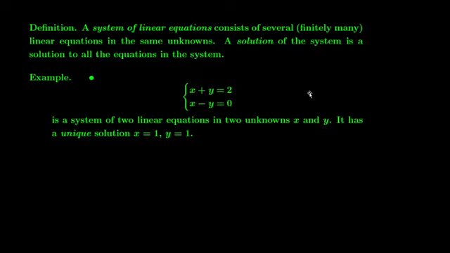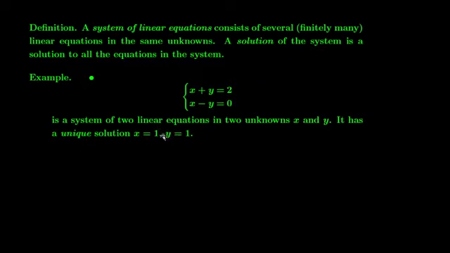What we are concerned with for any linear system is the solution. What we mean by the solution to an equation: a solution is the values of the unknowns satisfying all equations. So now let's say for that system, if the x value is 1 and the y value is 1, we have a solution to the system.